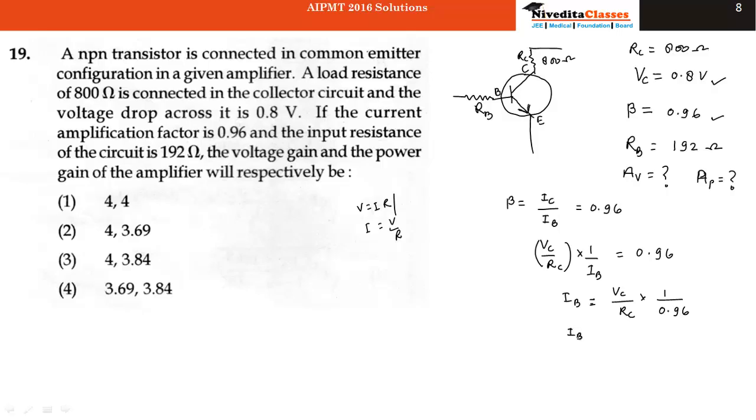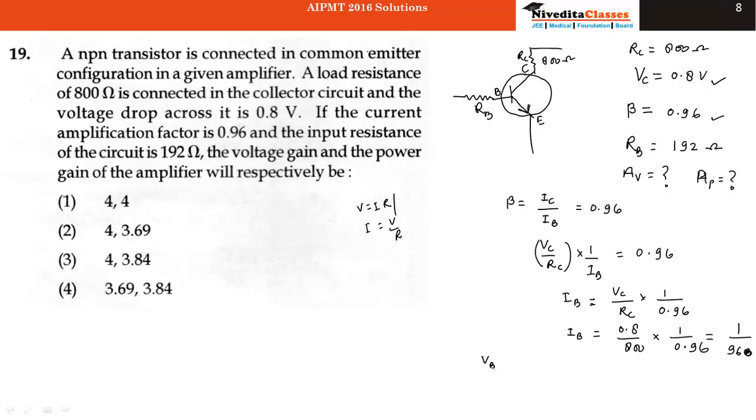After putting the values, we can get 0.8 divided by 800 into 1 upon 0.96. After solving, we can get this base current, that means input current, will be equal to 1 upon 960. Now we can find the input voltage from the formula.